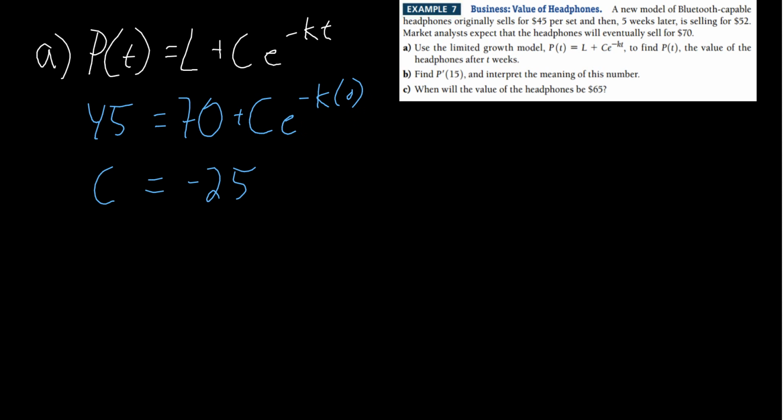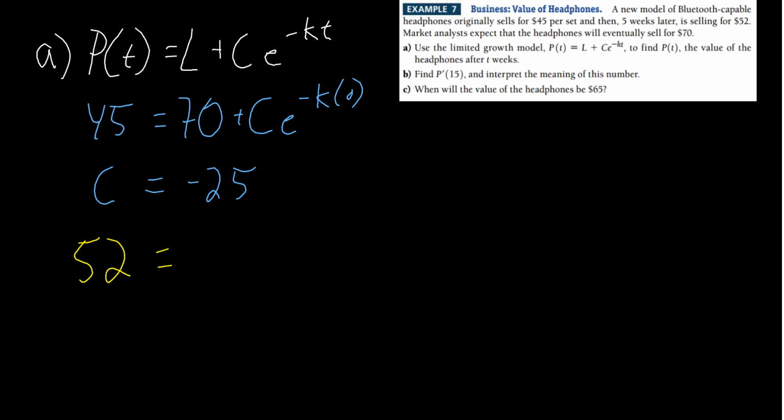In order to find k, we're going to set up the problem the exact same way, except we're going to use the other point, which is 5 weeks later they sell for $52. Again, I can't use the first one because I'm trying to solve for k, and I'll have that problem I ran into in an earlier example. So 5 weeks later they sell for $52.